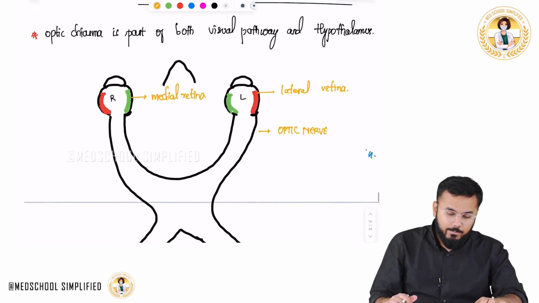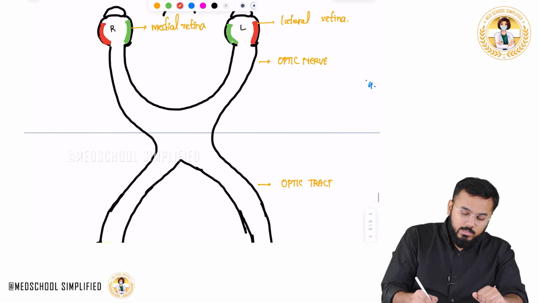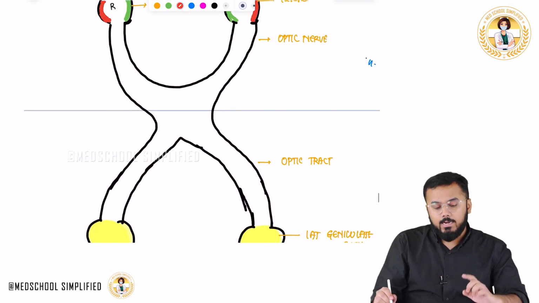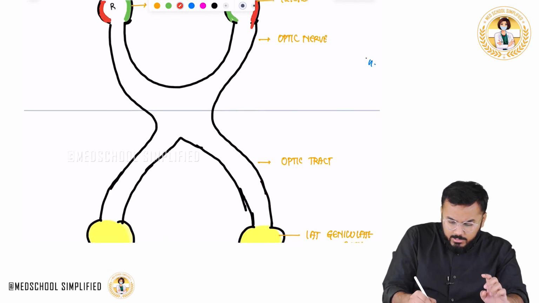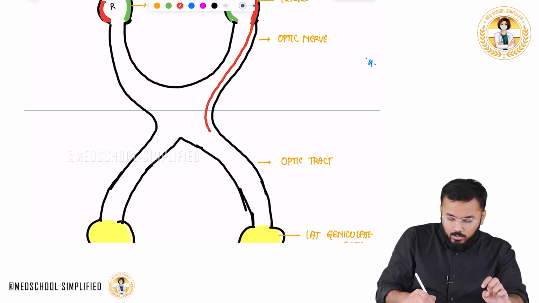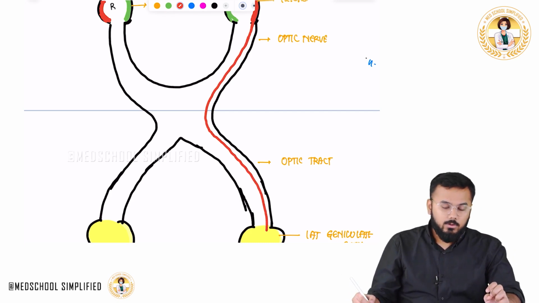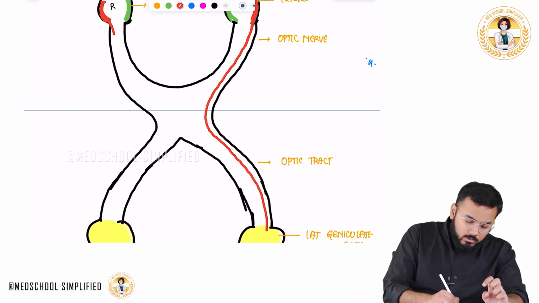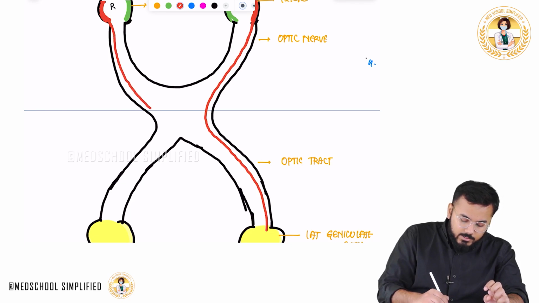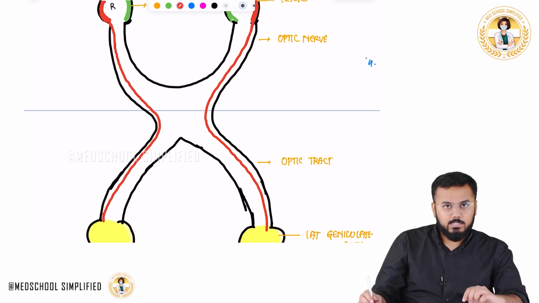Now, what is happening over here? You see from the lateral retina, the nerve fibers come down like this, and are they crossing or are they on the same side? They are on the same side like this. In the same way, the left also. From the left side of the retina also, the same thing is happening.